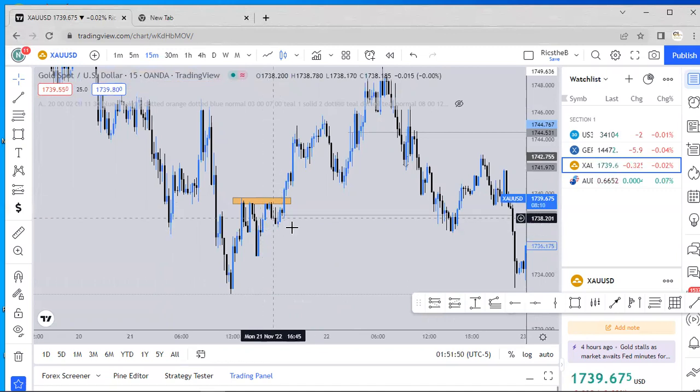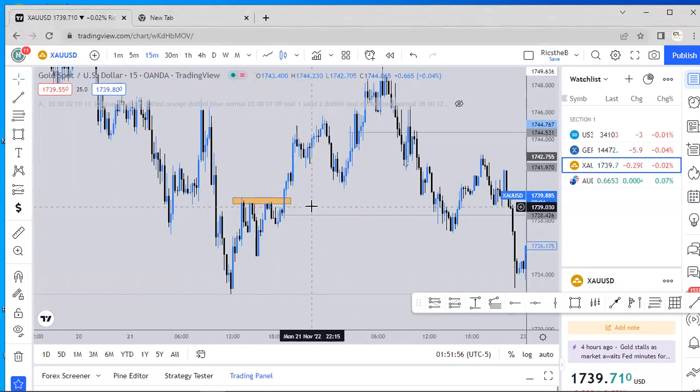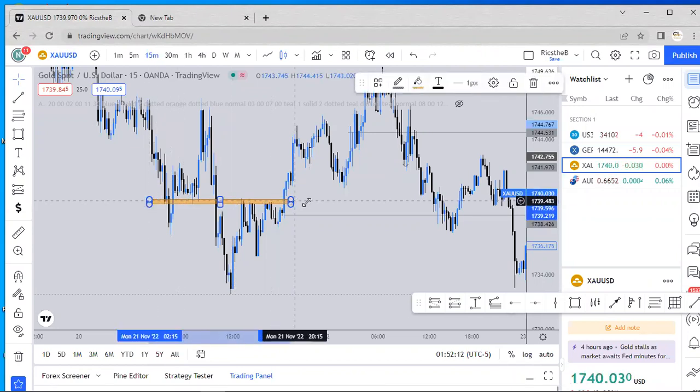So what was really happening is price was creating liquidity. What do I mean? The big market players were trying to get more sellers into the market by creating a potential area of resistance. And you guys can clearly see this was a nice level.